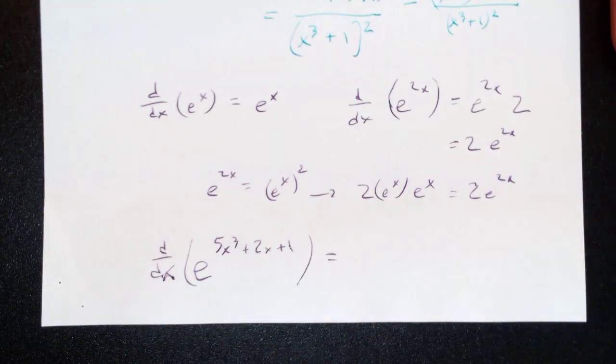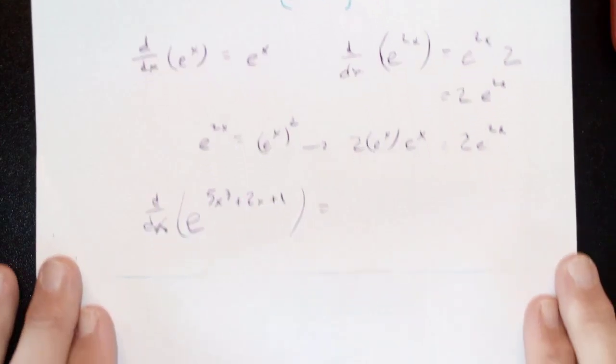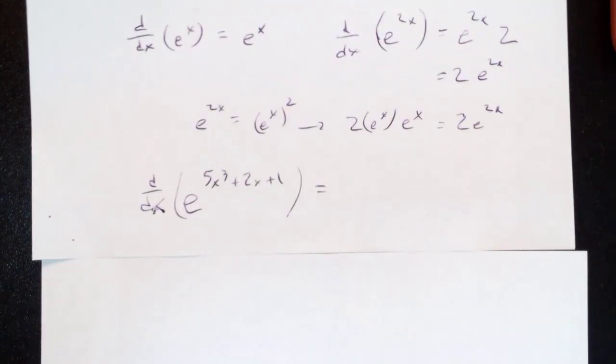If I want the derivative of this nasty mother, again, it's e to the junk. The derivative of e to the junk is e to the junk and more. The derivative of e to the x is e to the x.